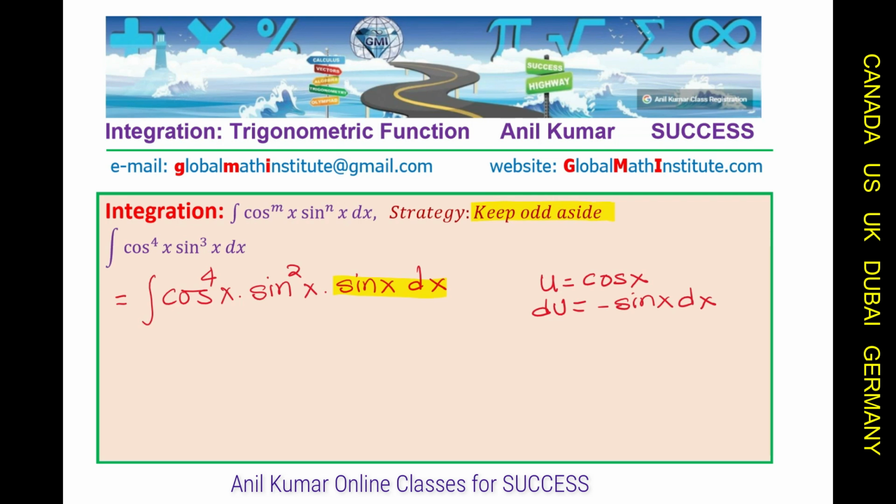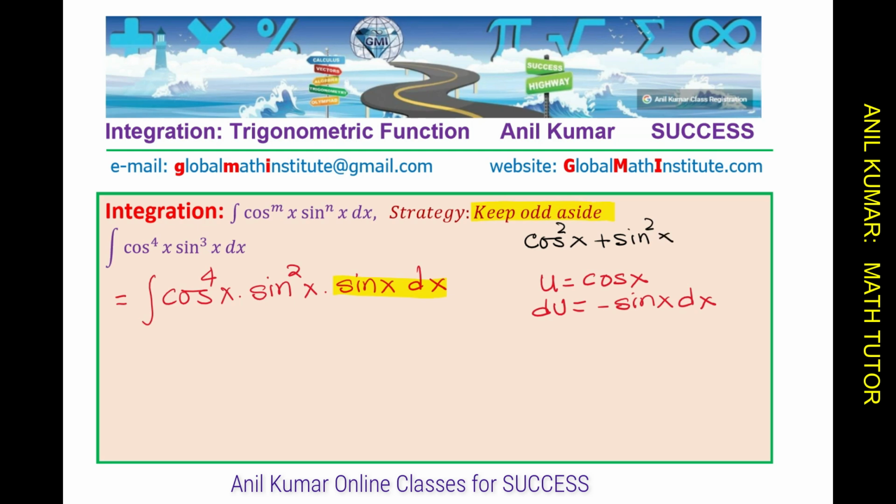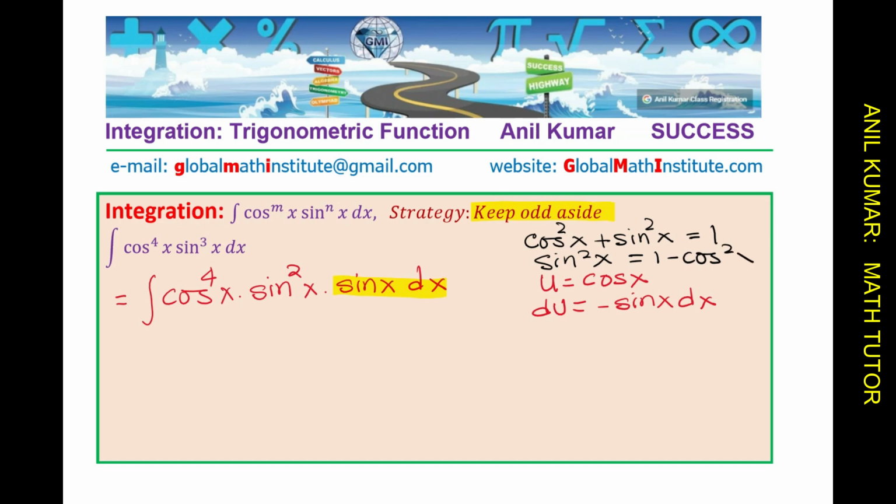Well, you know the identity between the even powers, cos square x plus sine square x is equal to 1. Therefore, I could write sine square x as 1 minus cos square x. You understand? So I get all the components in terms of cosine itself.